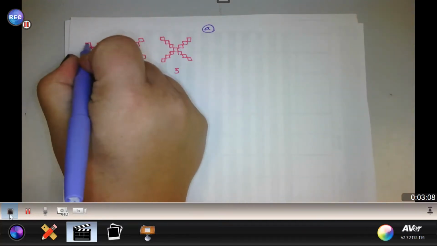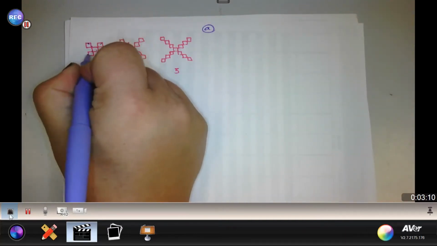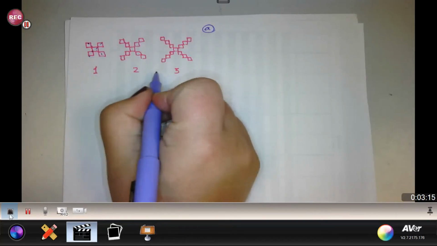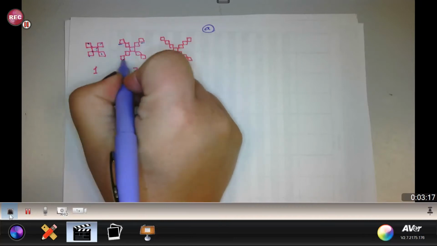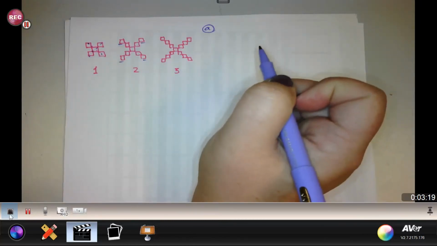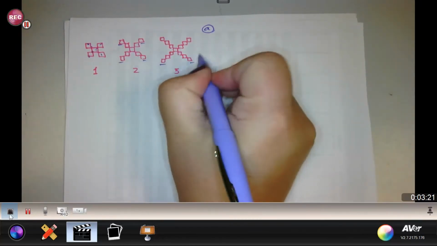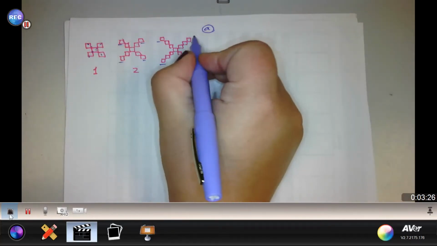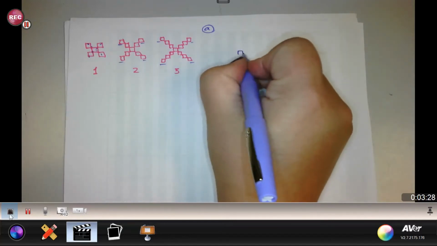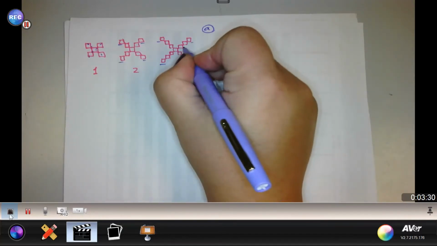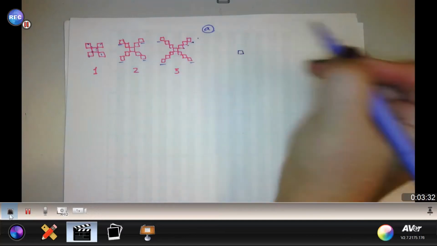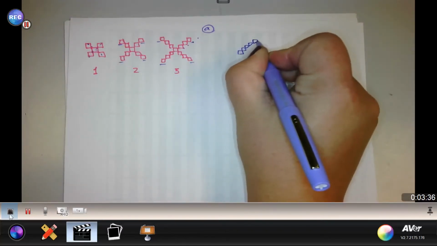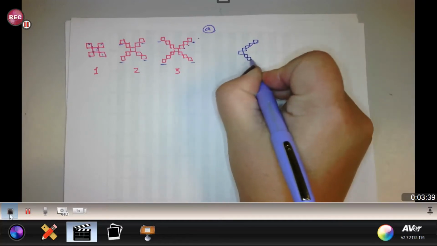What's happening is that it looks like an X. Every time we go up in the figure number, we're adding extra tiles at the end of each leg of the X. So when I go to do the next one, I take this exact one and add 4 extra squares. I have my center square, and here I had 1, 2, 3, so I need to add a 4th one for the next one. So 1, 2, 3, 4, and that in every direction.